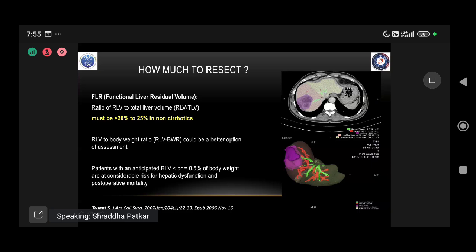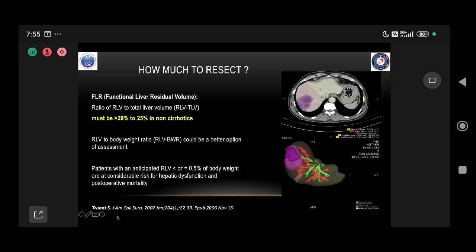So how much to resect? As a rule of thumb, in non-cirrhotics, we want a 30% future liver remnant. Some people go down to as low as 20 to 25, but that's giving a little bit of sleepless nights. 30 should be considered a ballpark figure.